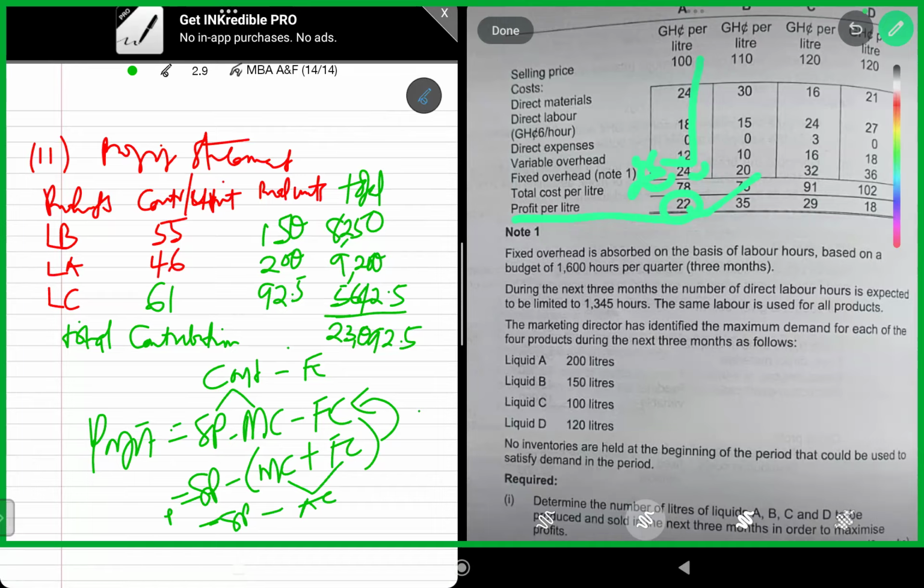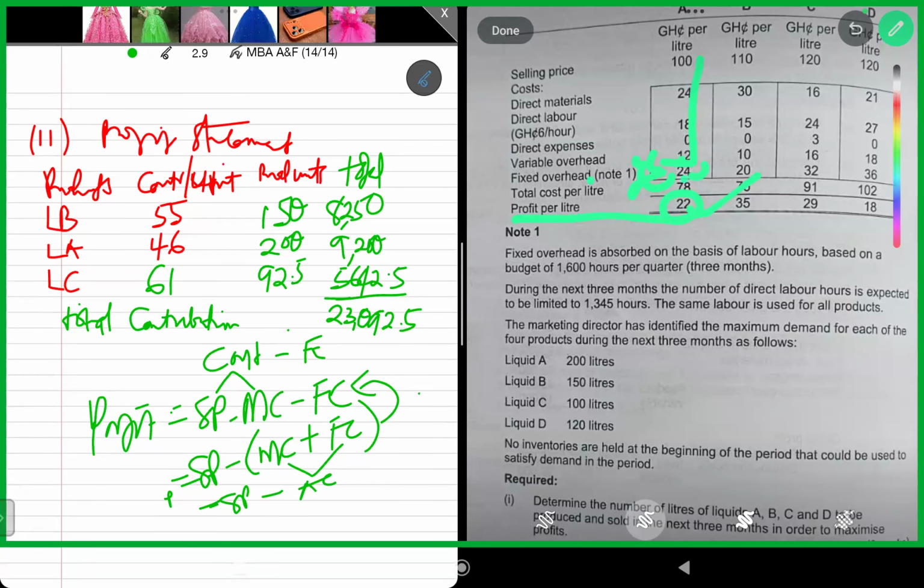The marginal cost runs from the direct materials to the variable overhead. When you add the fixed overhead, you get the total cost per liter. Then when you subtract the total cost per liter from the selling price, you get a profit.